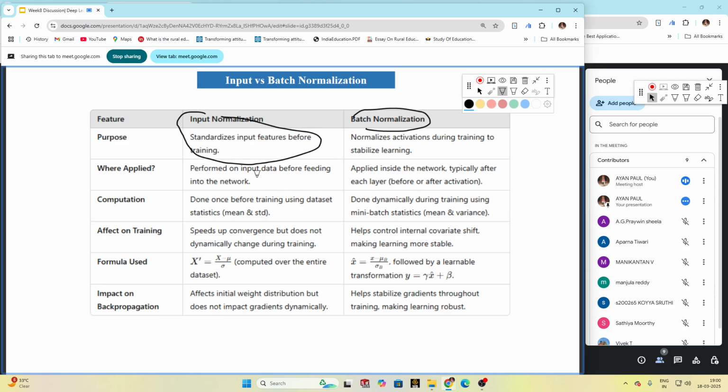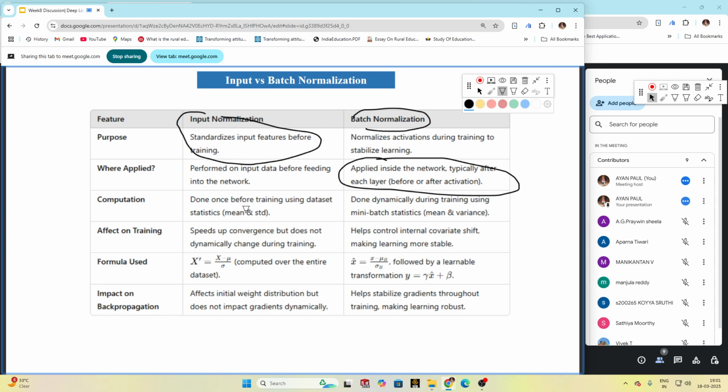Where it is applied: input normalization is performed on the input data before feeding into the network, while batch normalization is applied inside the network, typically after each layer, before or after activation. We apply batch normalization typically when our network is training. So this is the difference between input normalization and batch normalization.